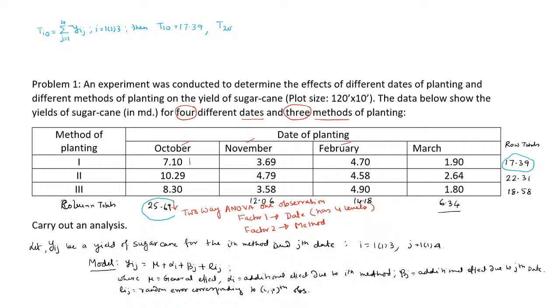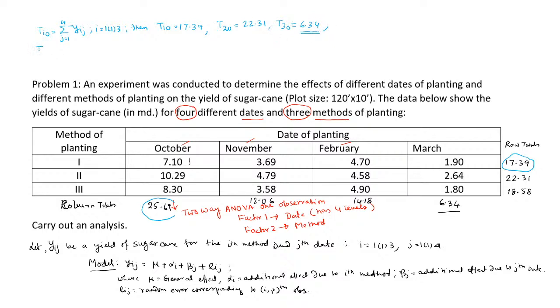T2 naught, this is equal to 22.31. Follow me, tell me whether other column totals are correct or not, and also tell me about the row total. Are these correct or not? If there is any mistake, please tell me. T3 naught, this is equal to 6.34. Thank you, follow me for this.